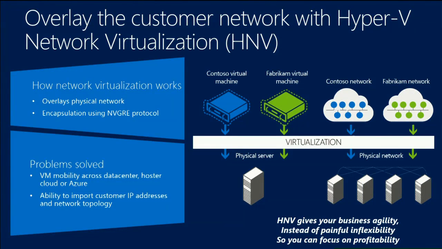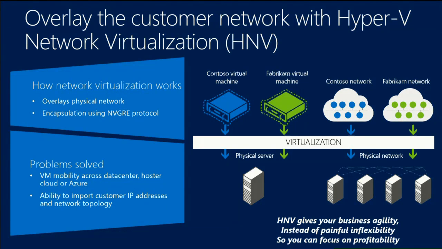And NVGRE is a standards-based protocol. I mean, GRE is a standard, and NVGRE uses that standard to allow encapsulating the customer packet within a hoster packet. Okay, so there is an outer header, which is the hoster address space, and there is an inner header, which is the customer address space.